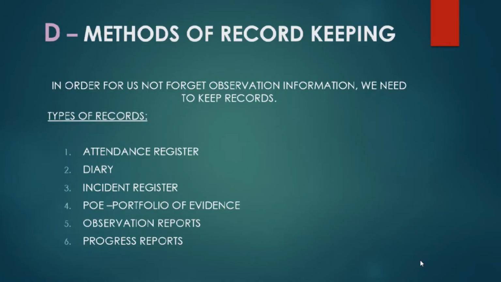Observation progress report, that's another one. Progress report, we all know that at the end of the term, we need to be able to write a progress report, because we have been observing the children, to indicate and tell the parents how far the child has developed, or the achievements that the child has made during the term.